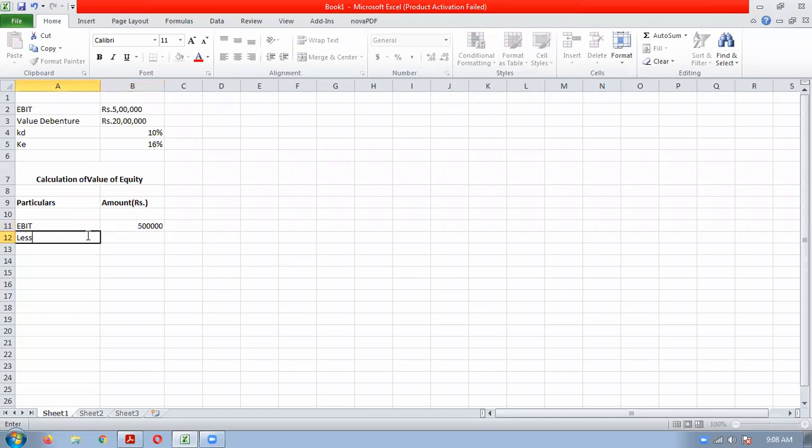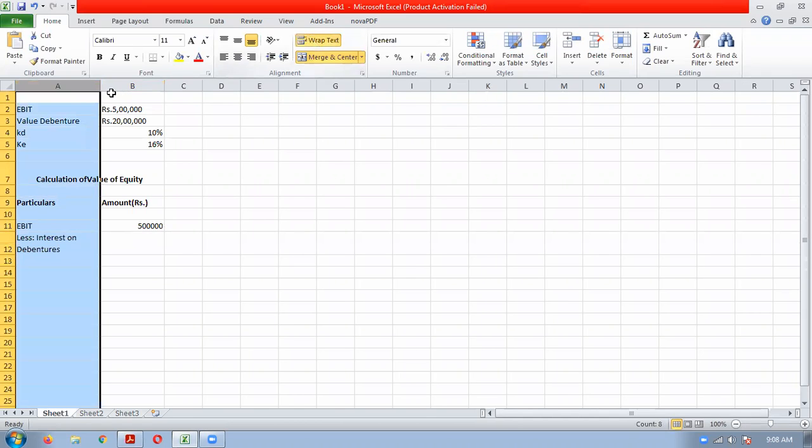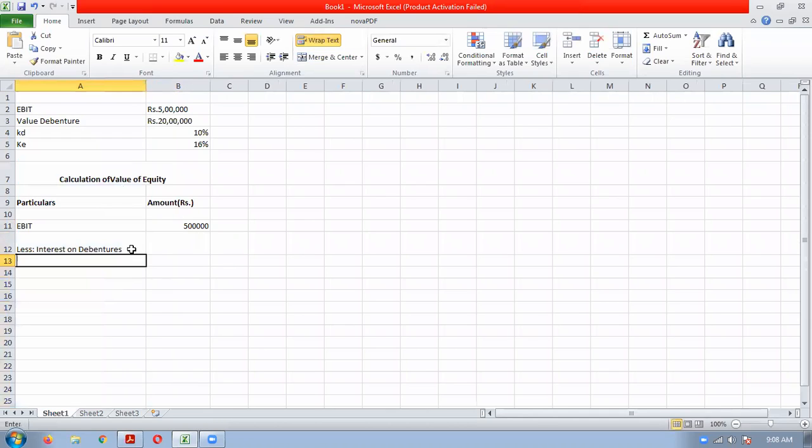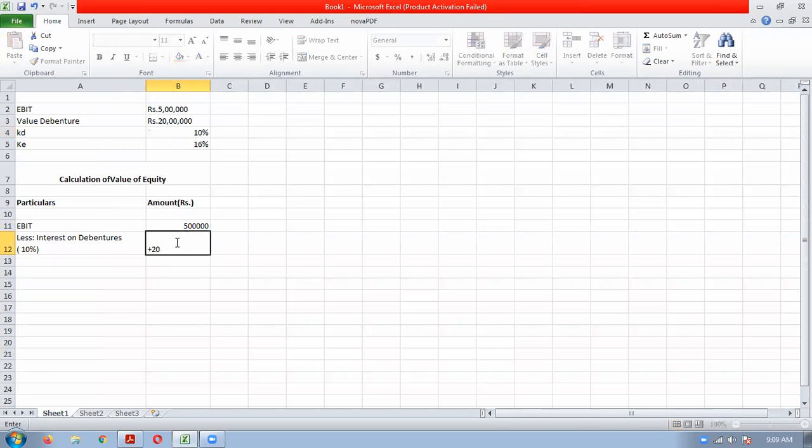From this we will first reduce the interest on debentures. What is the interest on debentures? Interest on debentures is 10%. Debenture is 20 lakh, so 20 lakh into 10% will be 2 lakh.